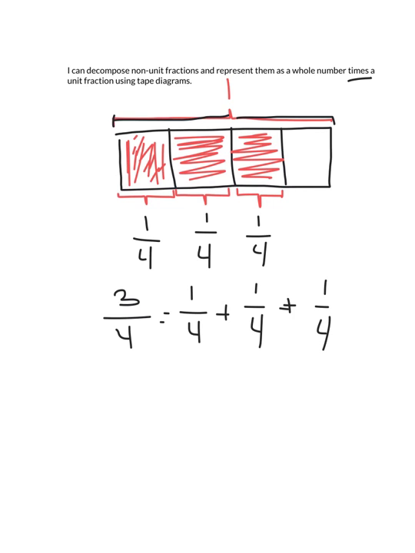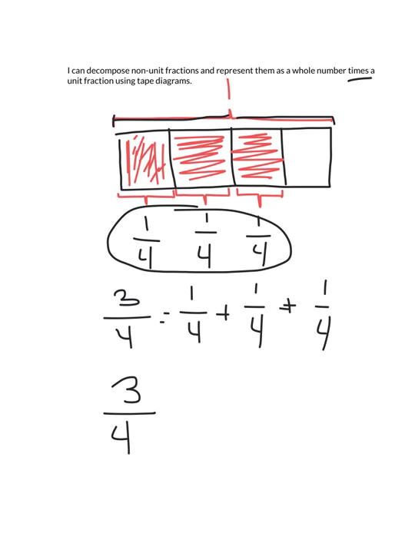But what we're going to do that's a little bit different today is look at this as repeated addition, which we have because we've got 3/4. We're adding them together to give us our 3/4. We can actually write that this way. 3/4 is equal to 3 times 1/4.